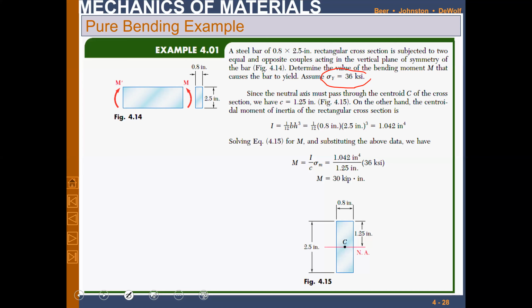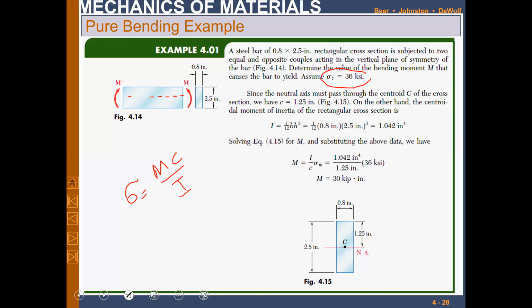So what we will do, we will simply calculate. We know that sigma is Mc over I, right? This is the sigma max value. C is basically the distance from this particular point, because this is a rectangular shape, so the neutral axis will be over here, right?